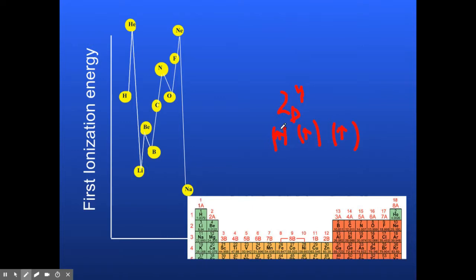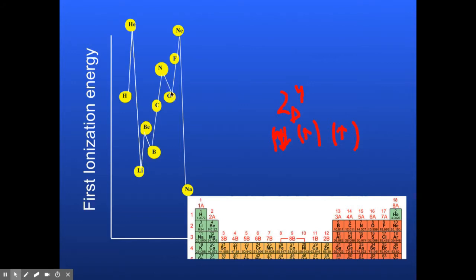But then oxygen, because it has 4 in the p sublevel, is going to have the first electron right here. Here we have 2 electrons in the same orbital orientation. So these 2 electrons, which are both negatively charged, are going to repel each other. And that repulsion actually works against the attraction of those electrons to the nucleus.